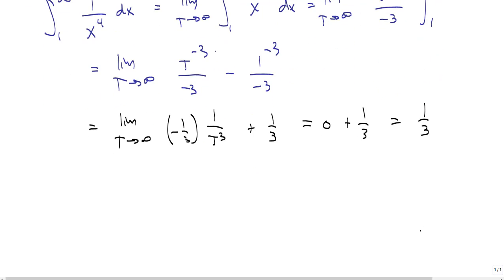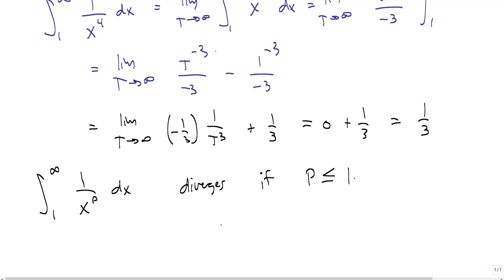And so the end result is that the integral from 1 to infinity of 1 over x to the p dx diverges, that is to say it goes to infinity and doesn't have a limit, if p is equal to 1 or p is less than 1, so p less than or equal to 1. And it converges, we do have a limit, if p is greater than 1.